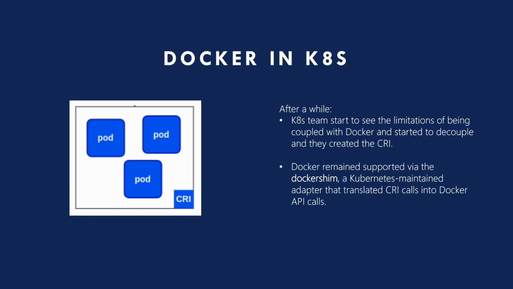They want to be generic, they want to be abstract. And so they create this container runtime interface, the CRI, an abstraction layer, a contract layer that states, like the interface in our code, what behavior is expected from a container runtime.